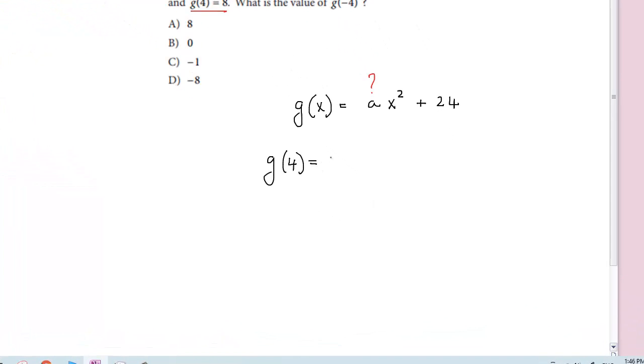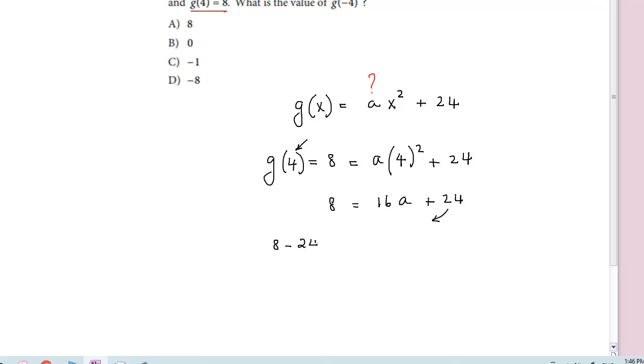g(4) equals 8 equals... g(4) means I substitute any x by 4. So it's going to be a times x squared, which means 4 squared, plus 24. That means 8 equals 16a plus 24. Now if I want to isolate the a, I'm going to ask the 24 to come to the other side.